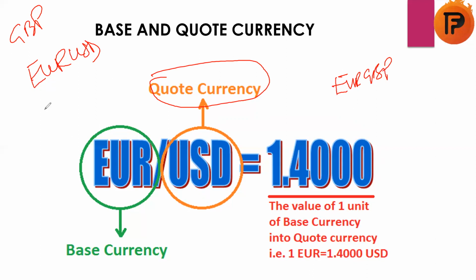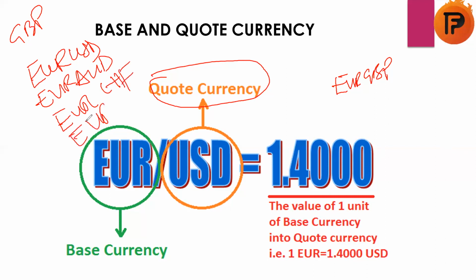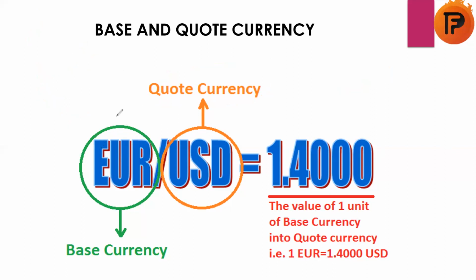So now we have EUR/USD, EUR/AUD, EUR/CHF, EUR/GBP, EUR/CAD, on and on. If you notice, there's nowhere that euro comes as a quote currency. Euro is always a base currency. Same thing with GBP. The only exception on GBP is EUR/GBP.